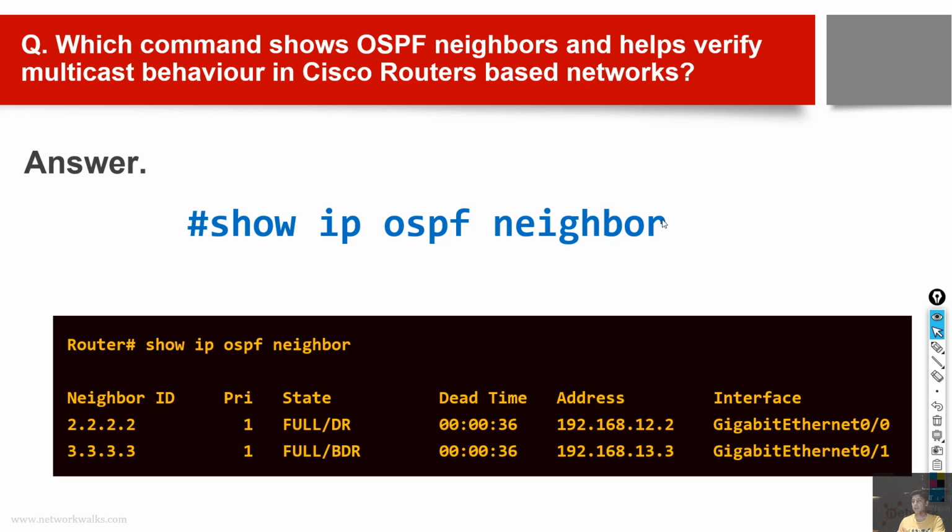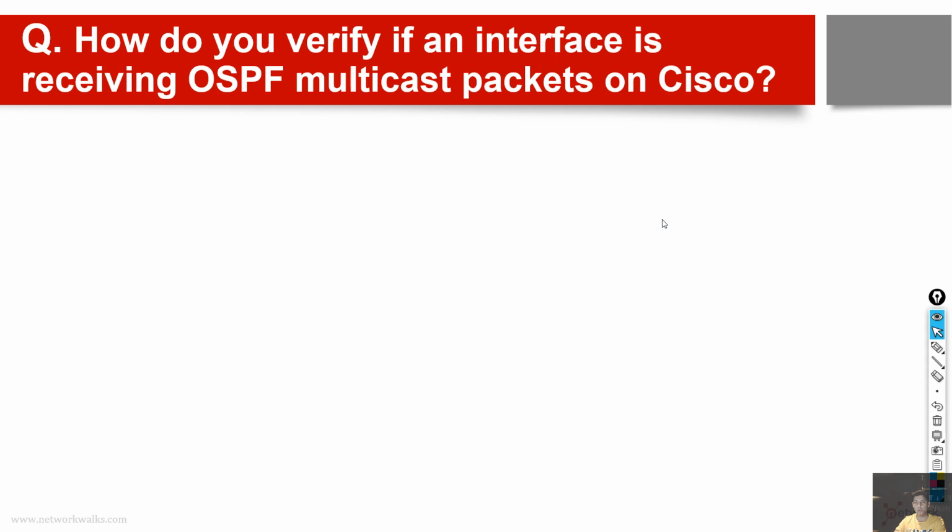So next question: how do you verify if an interface is receiving OSPF multicast packets on Cisco or not? Let's say we have two routers, router 1 and router 2.